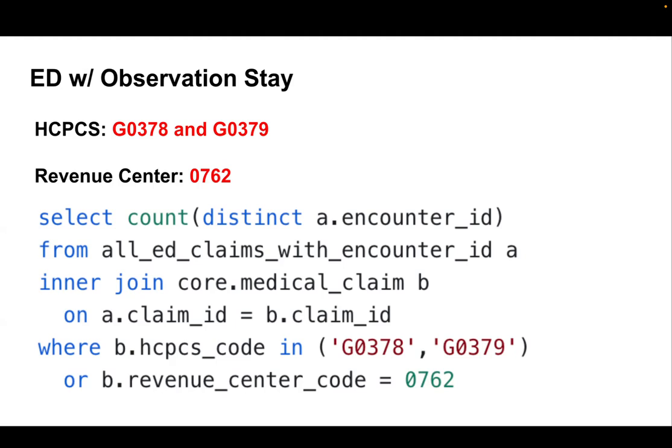For all those encounters that we created, we go back and look at all the HCPCS and revenue center codes on any line of any of the claims associated with those encounters. If we find at least one instance of any of these codes, that ED visit was an ED with an observation stay.